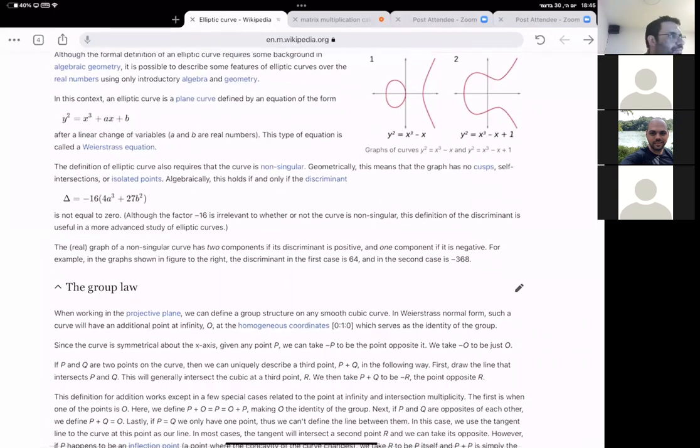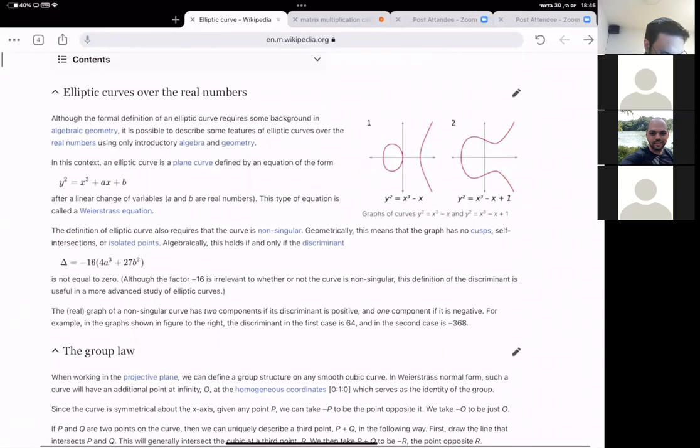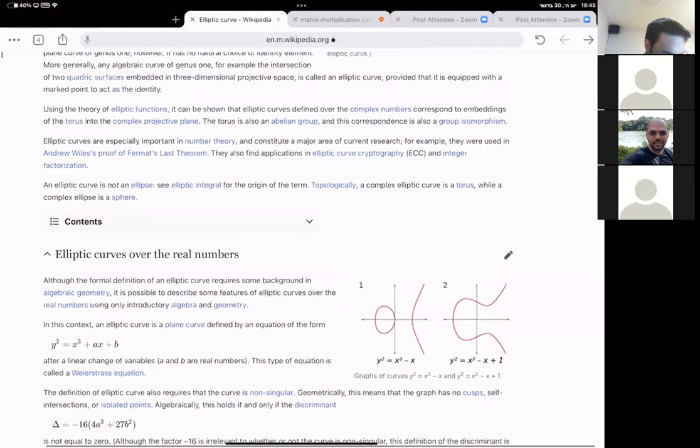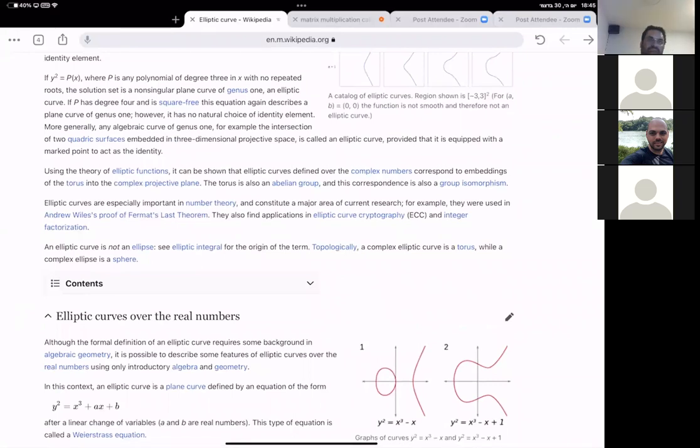Okay. Do you have any questions? Now, of course, it's an abelian group, because it doesn't matter if you take P plus Q or Q plus P. It's the same line. And once you choose a specific point, all being generated by this point, it's not only abelian, it's also cyclic, because this is the way you constructed your group, by all the powers of a specific point.